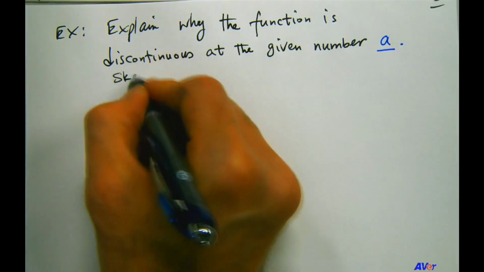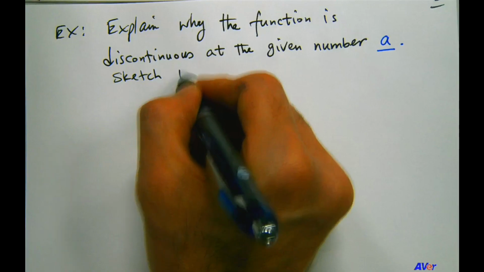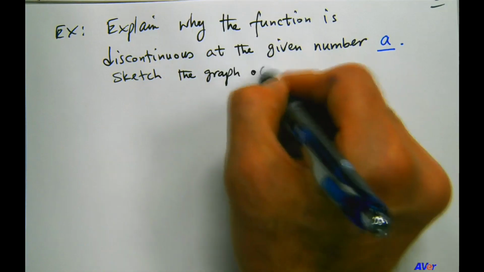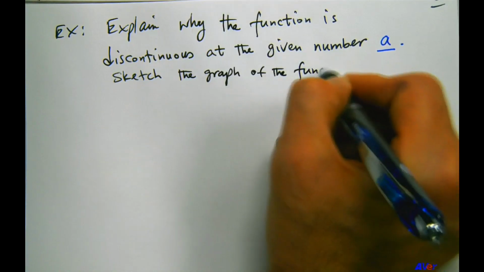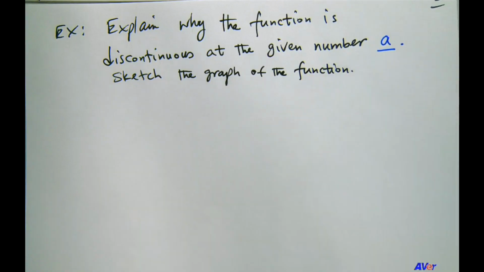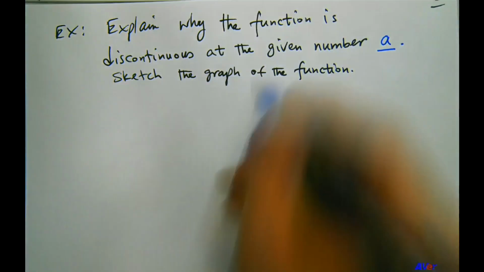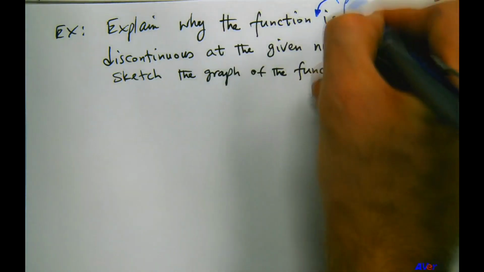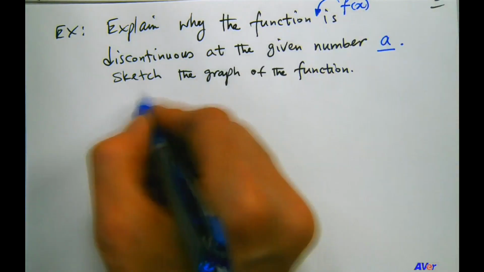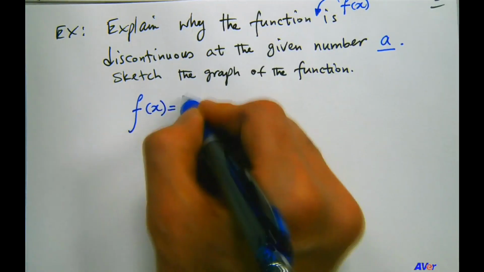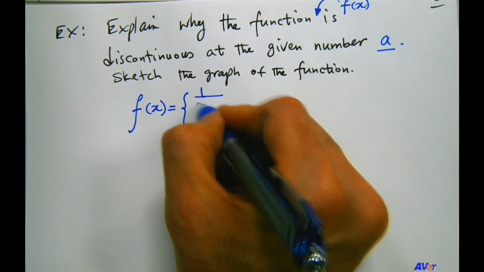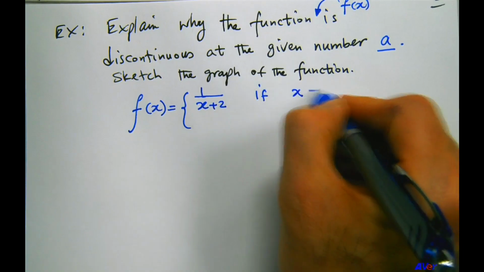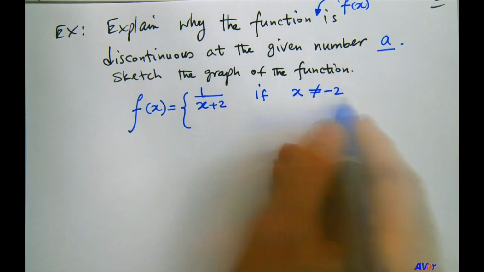And we want to sketch the graph of the function. So explain why the function f of x, which is given: f of x is defined as 1 over x plus 2 if x is not equal to minus 2, for obvious reason, right?